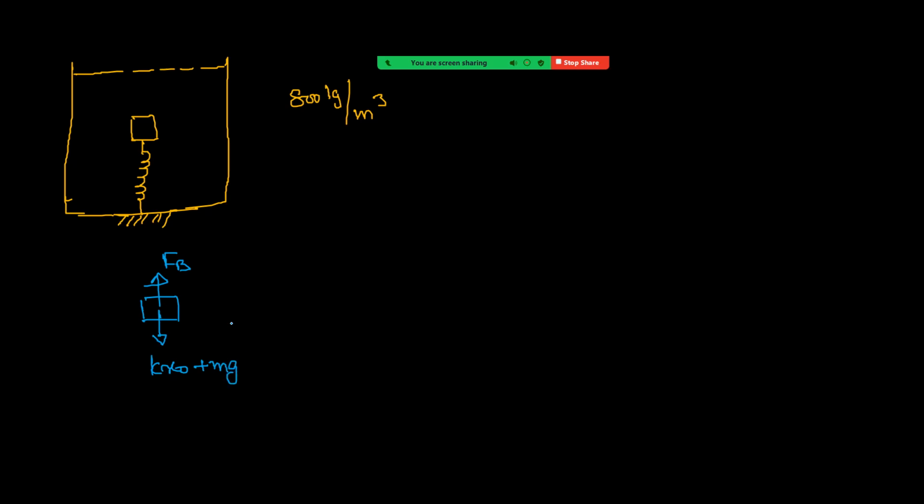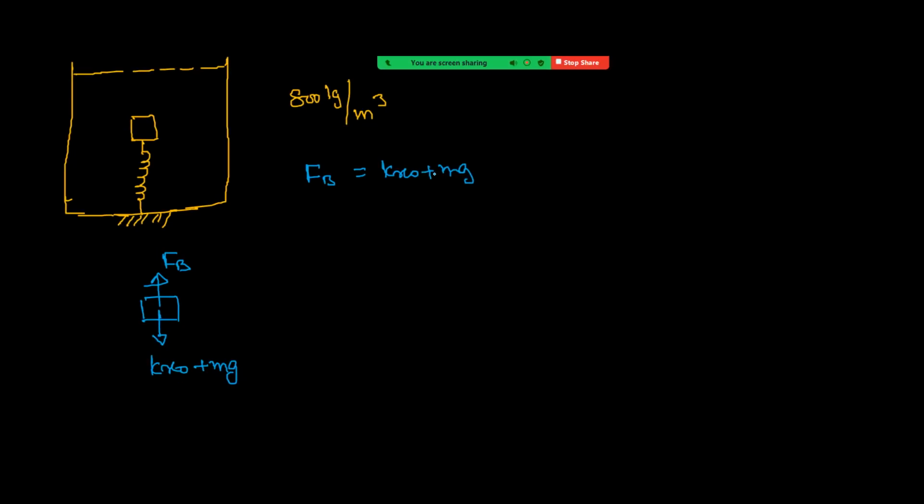That means in equilibrium, the sum of the spring force and gravitational force balances the buoyancy force. So the first condition is that the buoyancy force is balanced by the spring force plus the gravitational force.